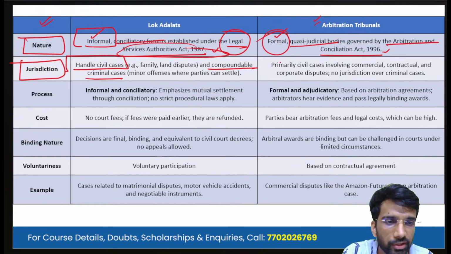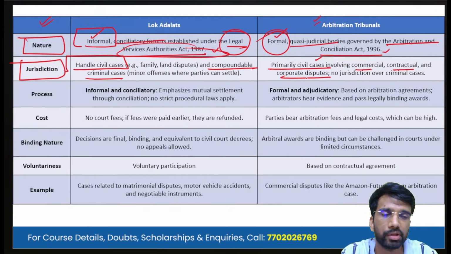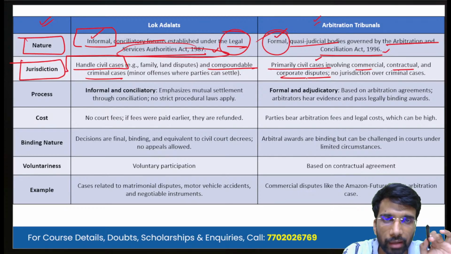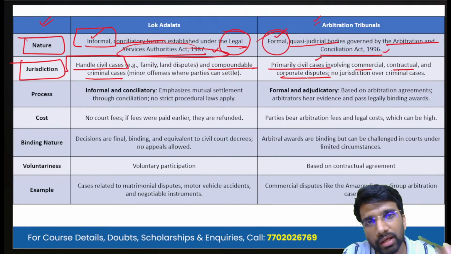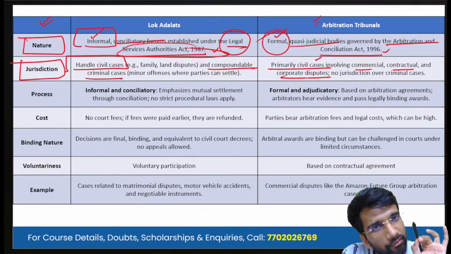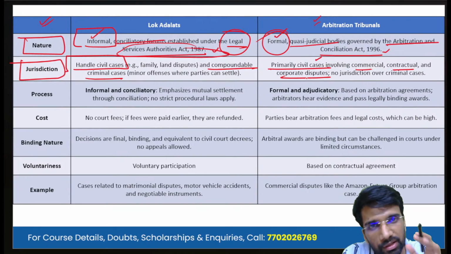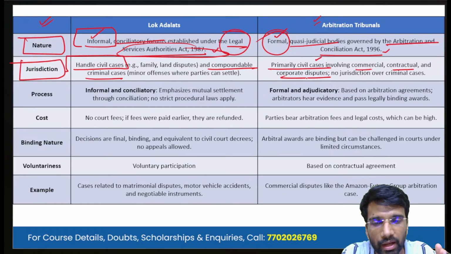Arbitration tribunals, on the other hand, have jurisdiction primarily over civil cases involving commercial, contractual, and corporate disputes. And the arbitration tribunals have no jurisdiction over criminal offenses or criminal cases. Lok Adalats can have jurisdiction over a certain degree of criminal cases, but not on the major offenses.